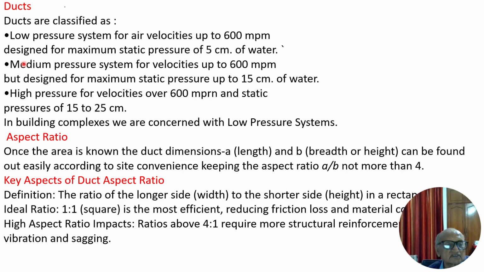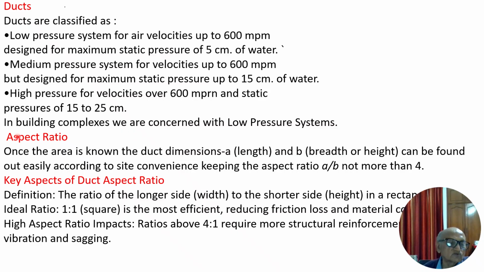Second, medium pressure system is for velocities up to 600 mpm, but designed for maximum static pressure up to 15 centimeter of water gauge. High pressure is for velocities over 600 meter per minute and static pressure of 15 to 25 centimeter of water gauge. In building complexes, we are concerned with low pressure systems only.